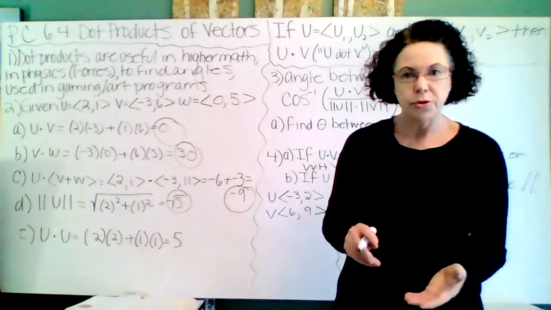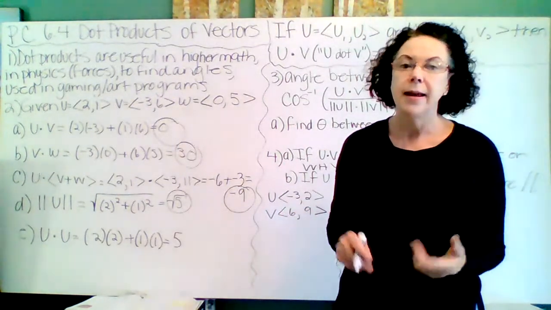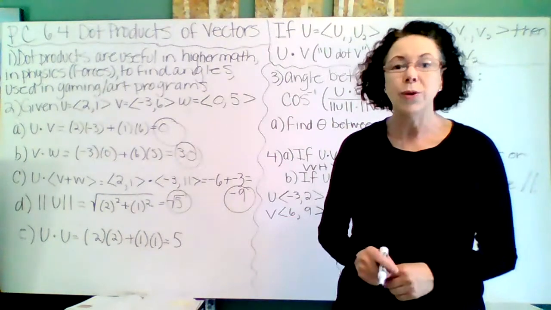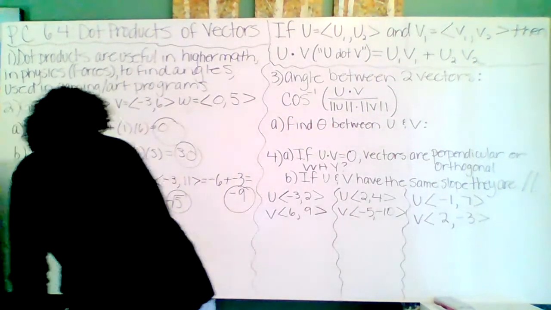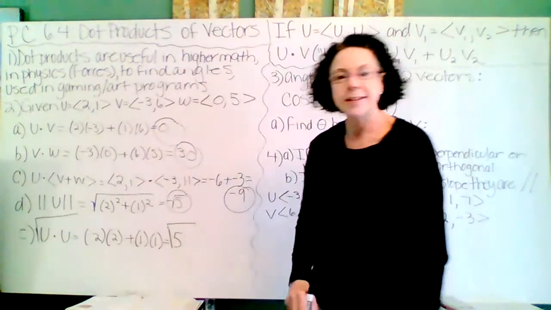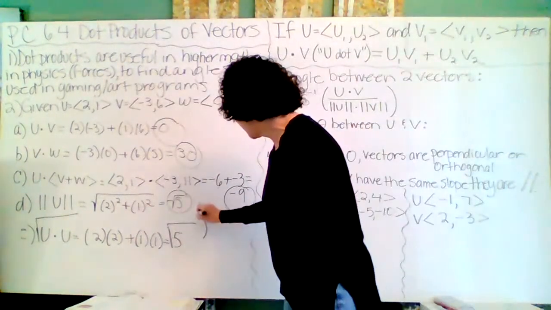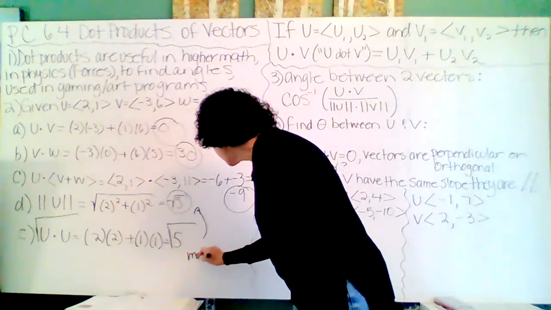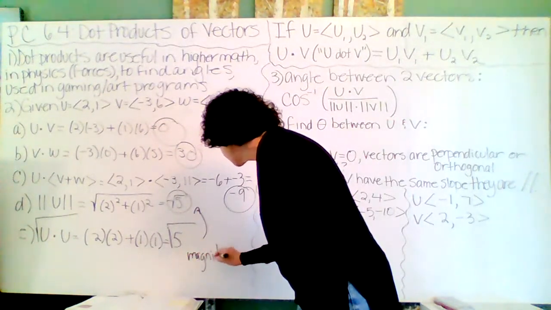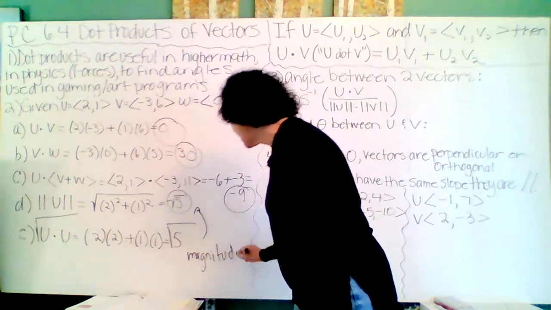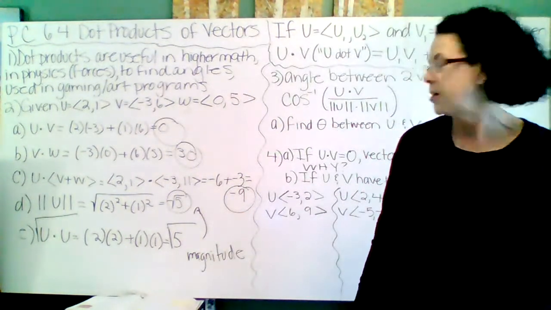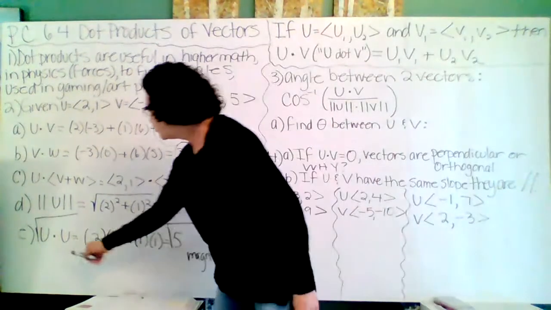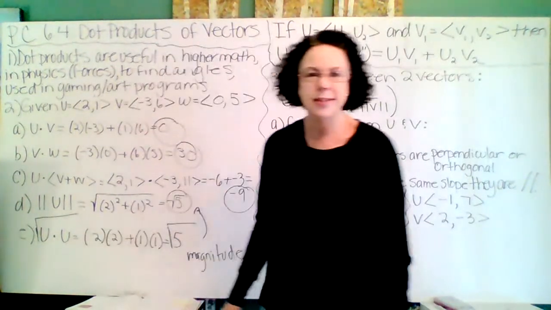If you take a vector, dot product it with itself and take the square root, it is equal to the magnitude. You already know how to find the magnitude of a vector, so this is totally optional, but your book will say this. Another way to find the magnitude of a vector is to do u dot u and take the square root.